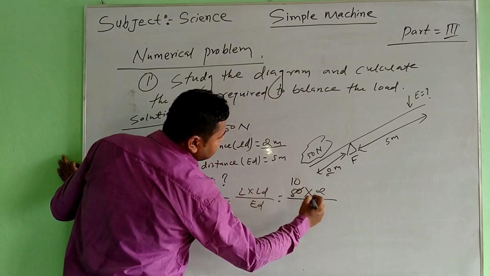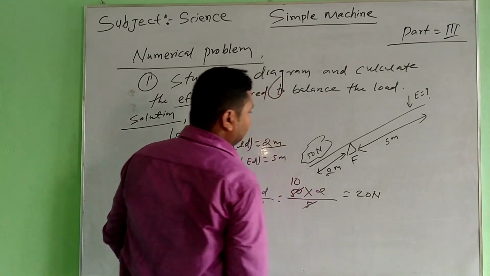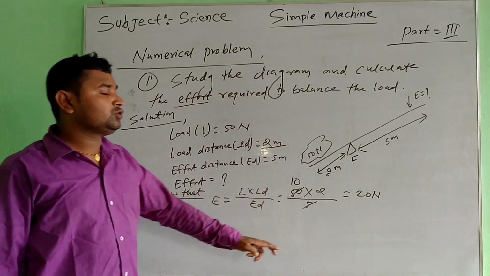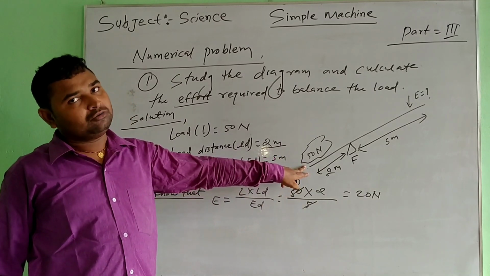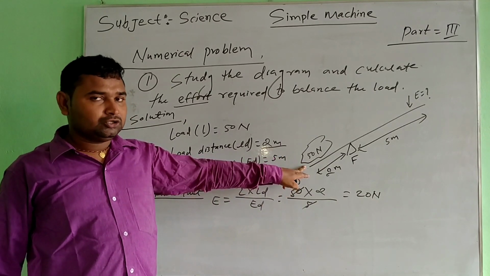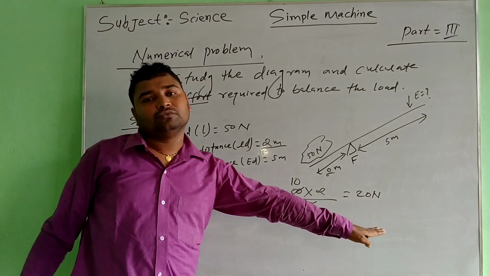So 5 tens are 50, it means 20 Newton. How much effort should be applied? 20 Newton effort should be applied to lift this 50 Newton load.